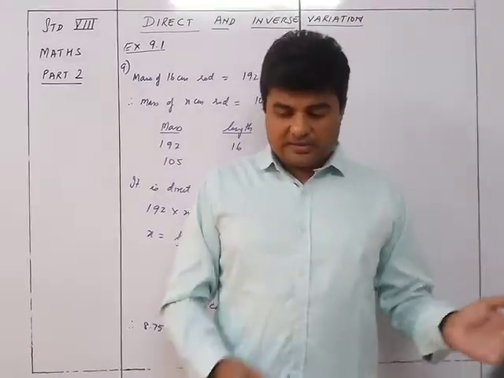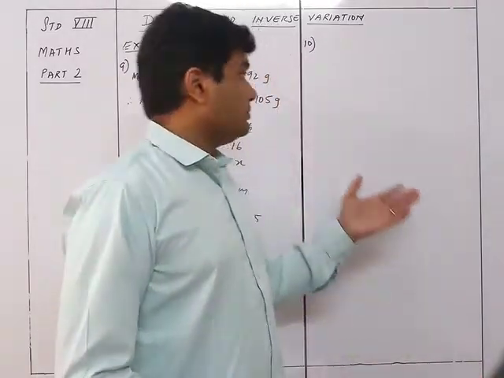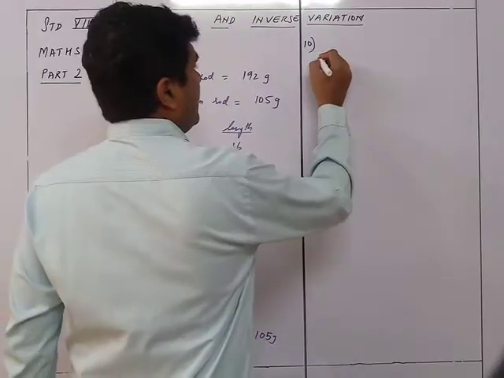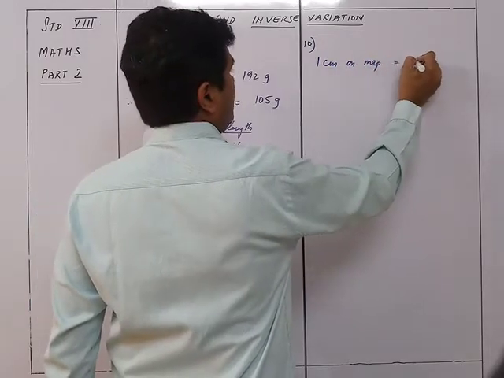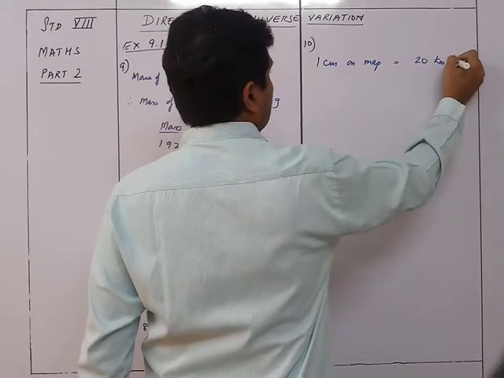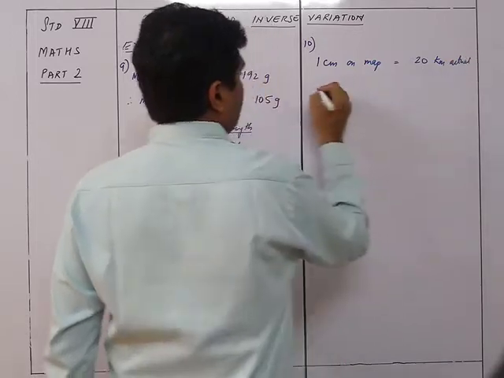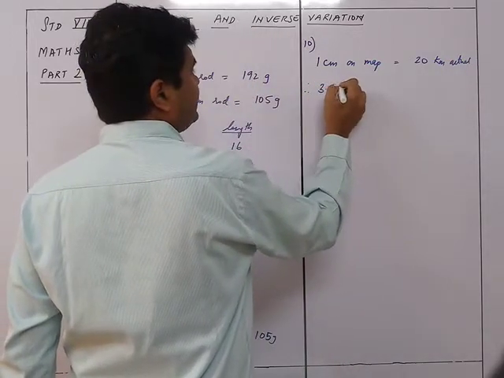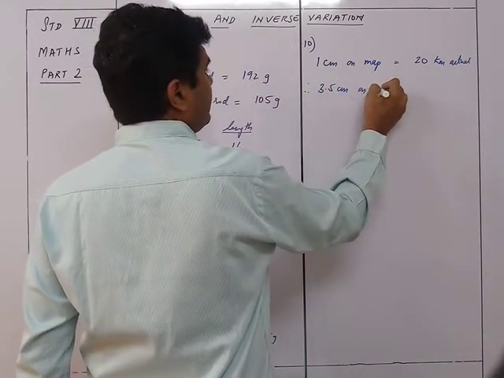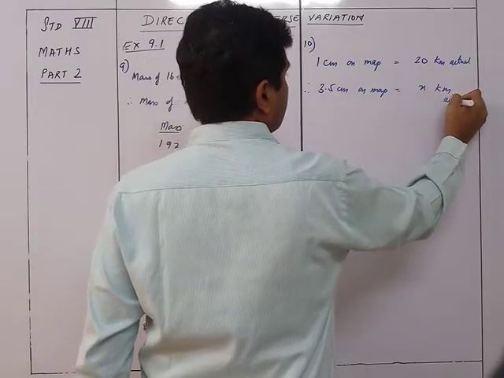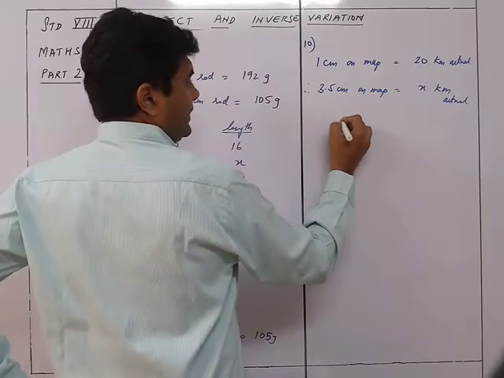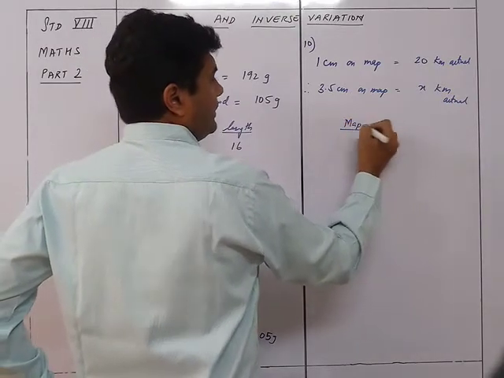So again, same thing, we are going to use the variation. We know that 1 centimeter on the map is equal to 20 kilometers actual. Therefore, 3.5 centimeters on the map is equal to x kilometers actual. So we have here map and actual.